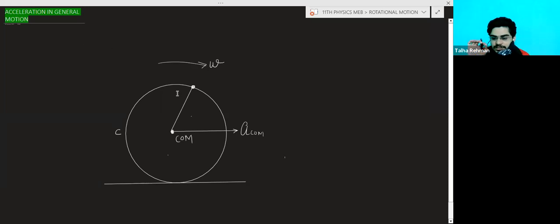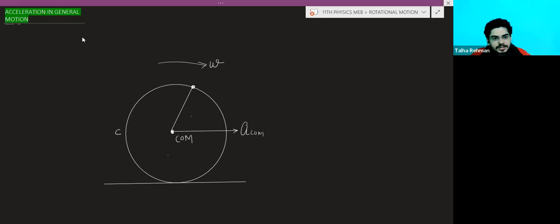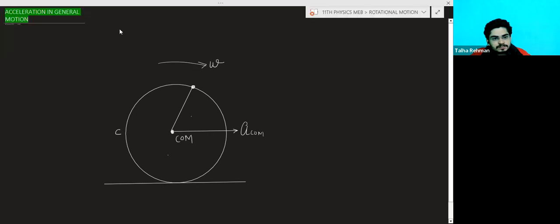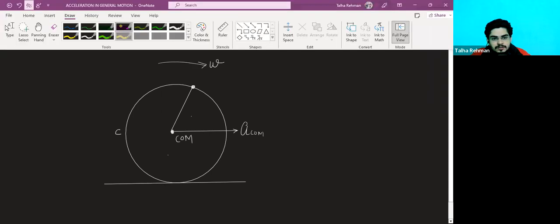So now first see, I told you that like velocity is imparted to each and every point, impart the acceleration to each and every point. So acceleration of center of mass is imparted to this point. Okay, first do this thing easily.